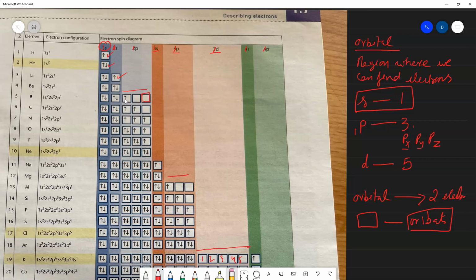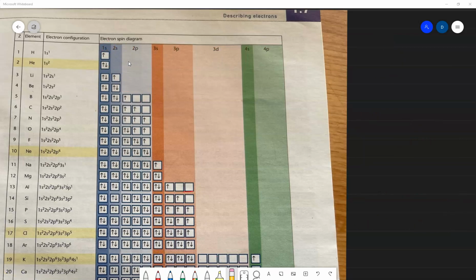So under the S there is only one square. Under this 3S, S is the subshell, 3 is the shell where the subshell is, but it's still an S subshell. Under the S subshell there's only one orbital, so you find only one box here. Under P, there are 3 orbitals, so you find 3 boxes. Likewise, there are 5 d orbitals, so there are 5 boxes.